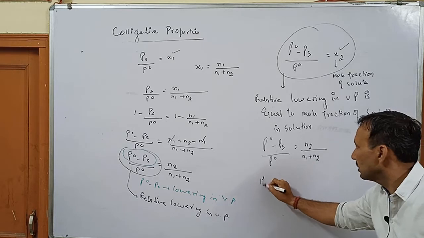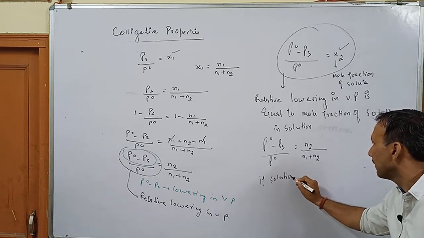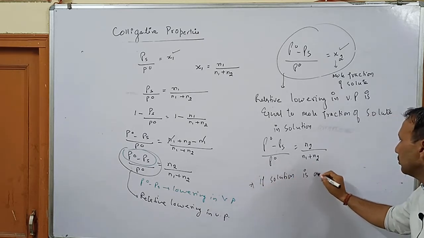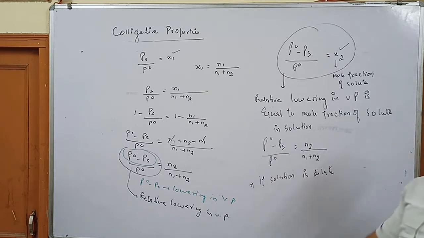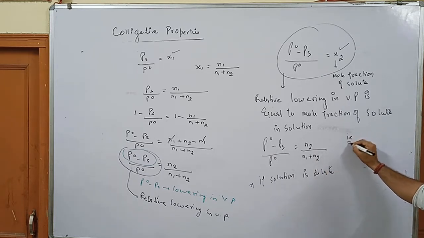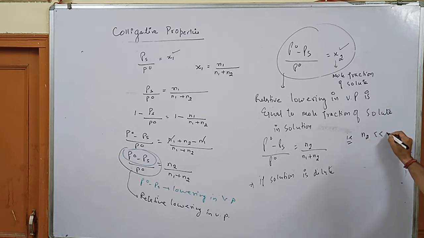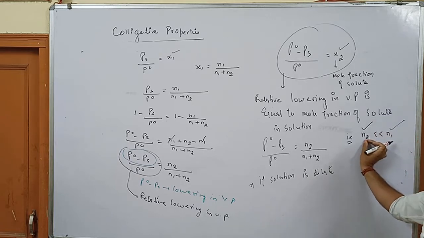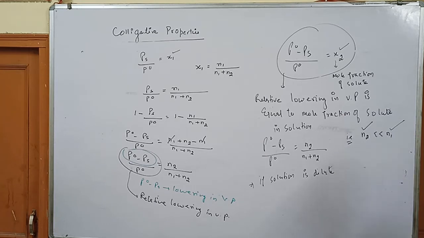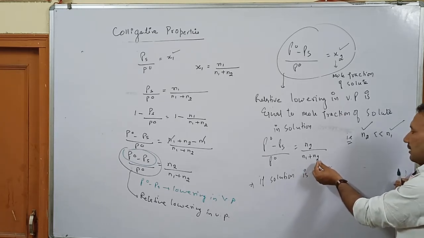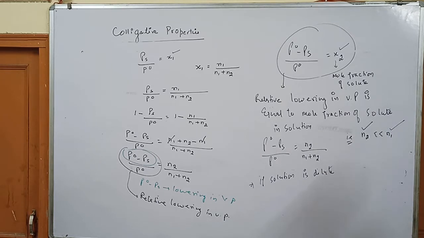Then if the solution is dilute, meaning the amount of solvent is very large as compared to the amount of solute, that is, N2 is very small as compared to N1, where N1 is the number of moles of solvent and N2 is the number of moles of solute, then in this formula N2 can be neglected from the denominator.